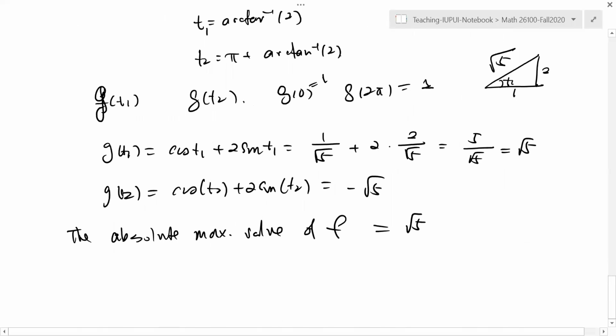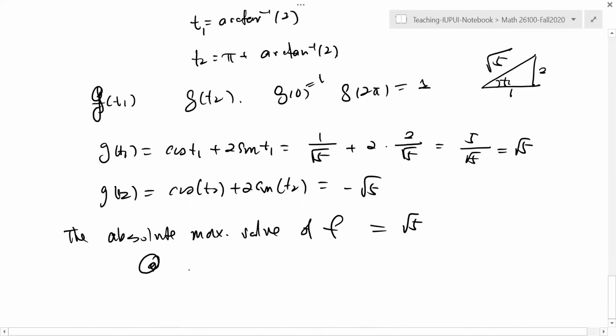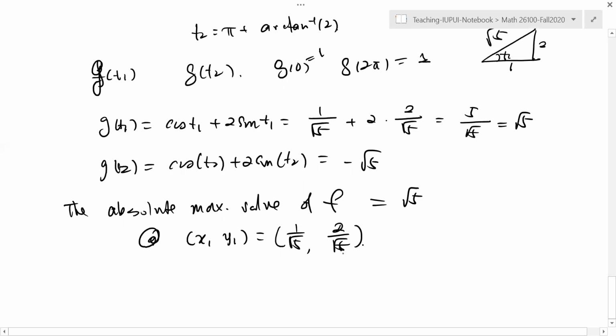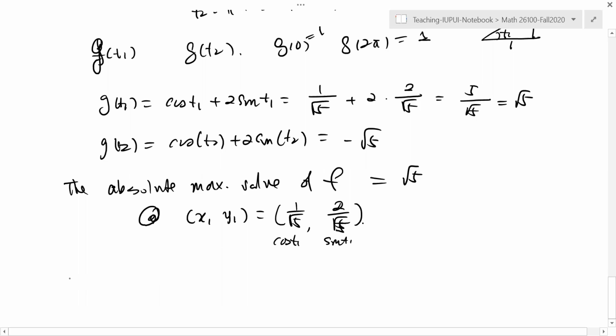It occurs at (x1, y1), and x is cosine t1, so it's 1 over square root 5, and y is equal to 2 over square root 5. That's cosine t1 and sine t1.